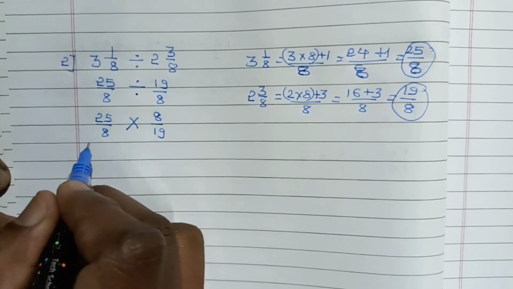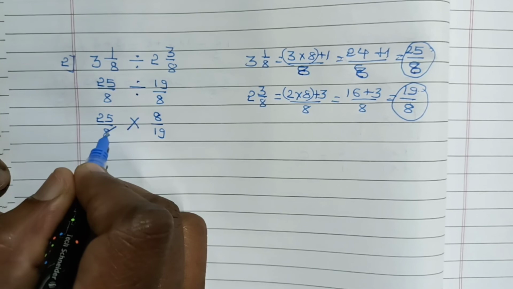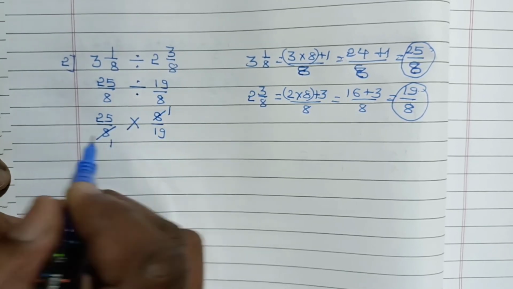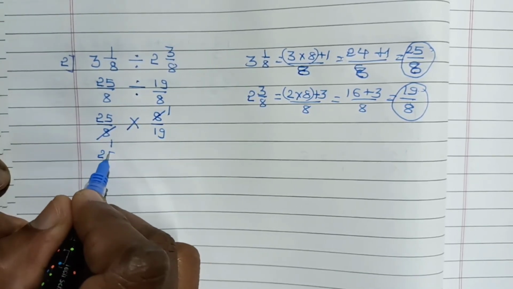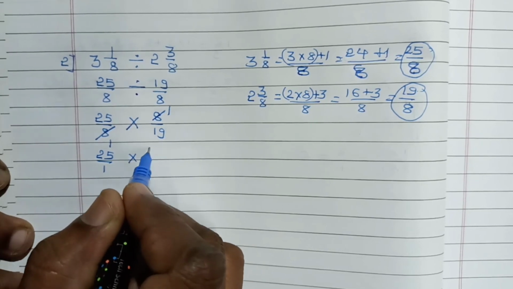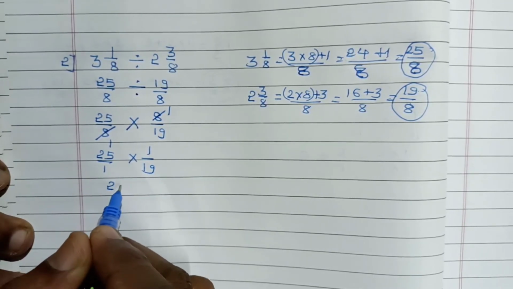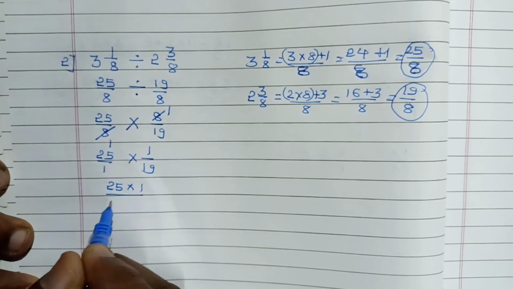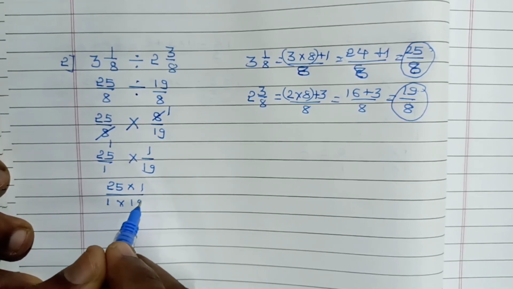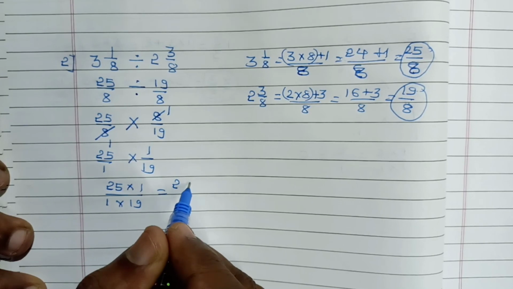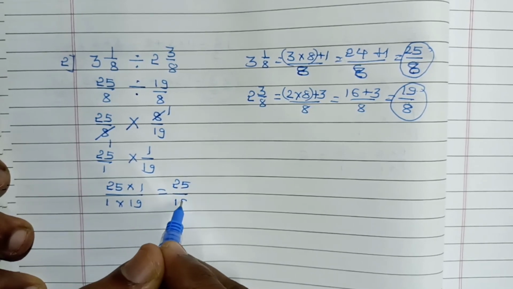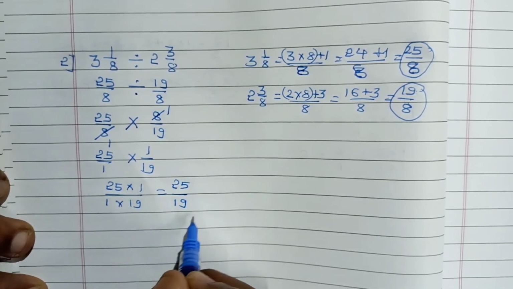And for this 8, you can do the cross cancellation. 8 ones are 8. So next 25 divided by 1 multiplied by 1 upon 19. So 25 into 1 divided by 1 into 19. So answer is 25 upon 19. So this is an improper fraction.